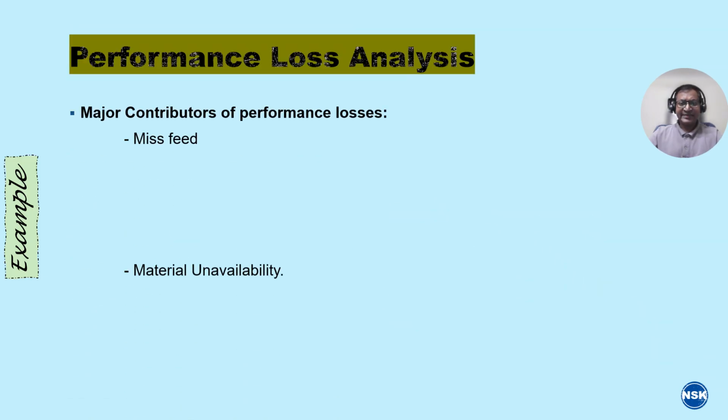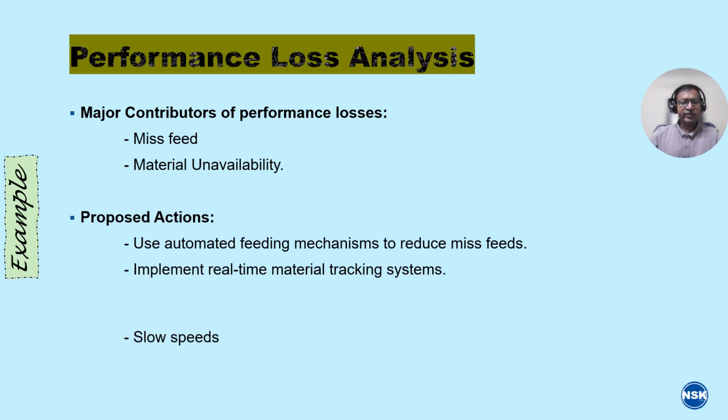Performance loss analysis. Performance loss was recorded as 48 minutes. An engineer also identified the following major performance losses. Major contributors of performance losses are misfeed, material unavailability, and slow speed. He proposed some actions to enhance the performance of the equipment.